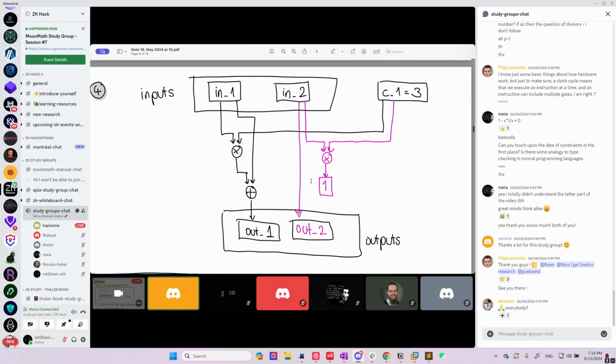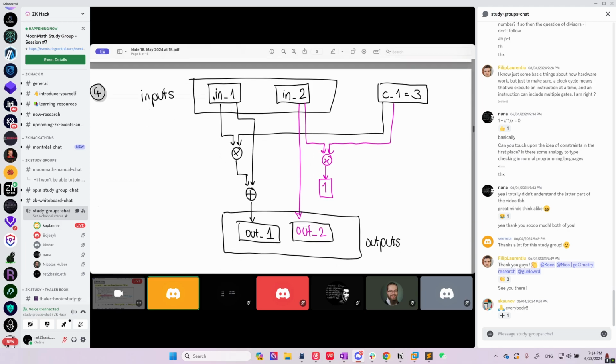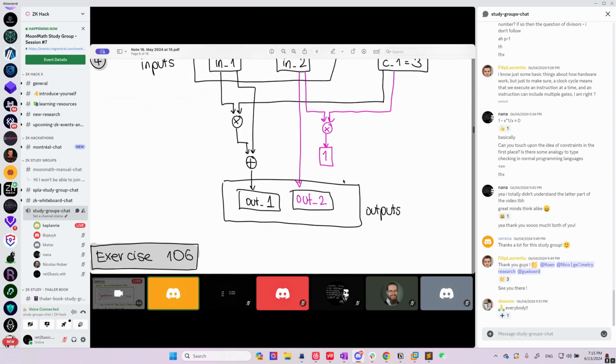This is how the circuit would look like. The black part is the main function. As I mentioned, the output 1 is in1 plus 3 times in1. So this is the output 1. And the output 2 is actually the input 2, in case the input 2 was the inverse of 3.